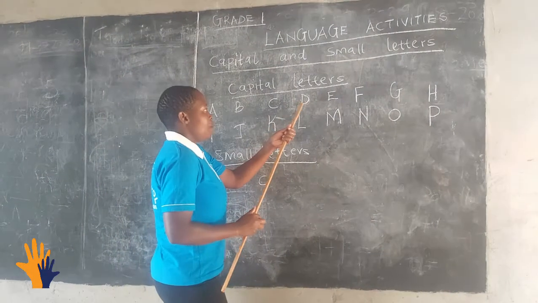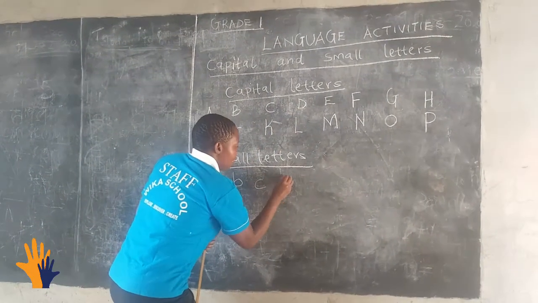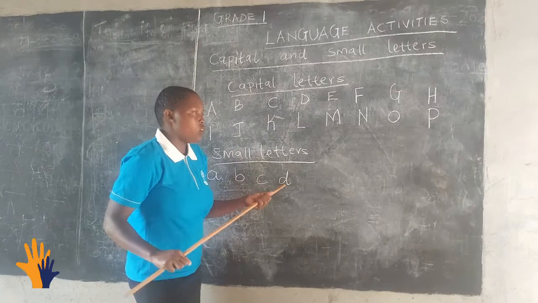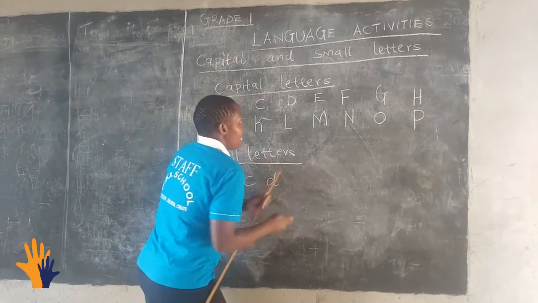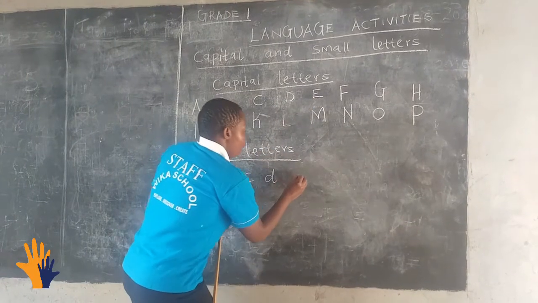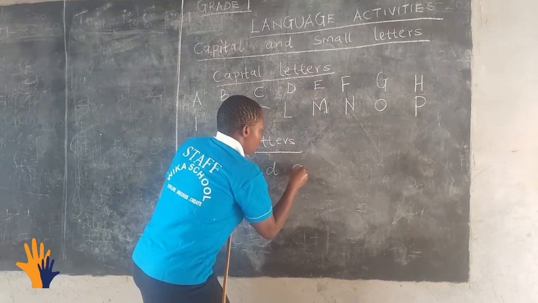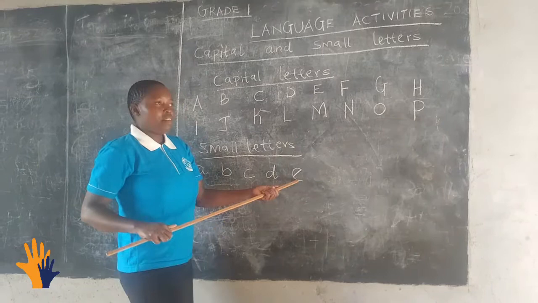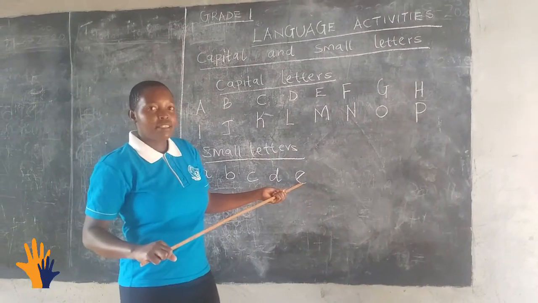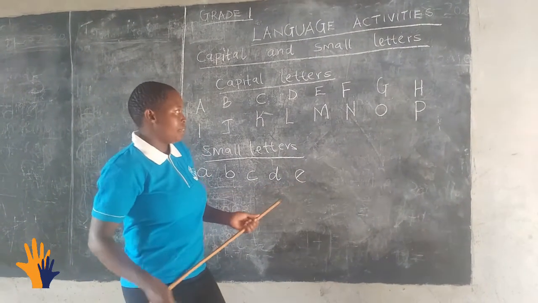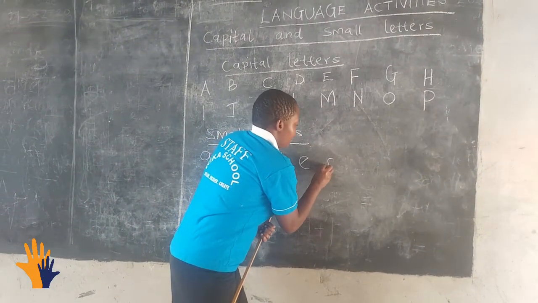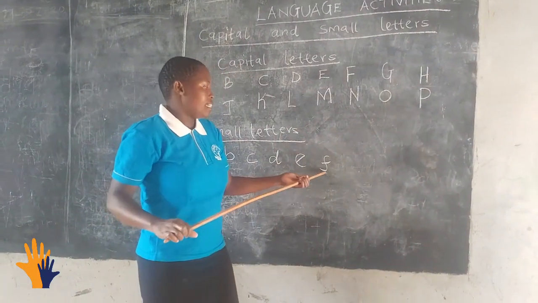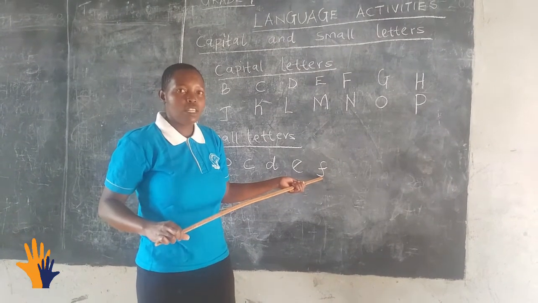Then capital letter D, small letter d, it is also called sound d. Then capital letter E, when we want to write it in small letter, we write it like this. Also we say it is sound e. Then capital letter F, we write it like this, and we say it is a small letter f, also called sound f.